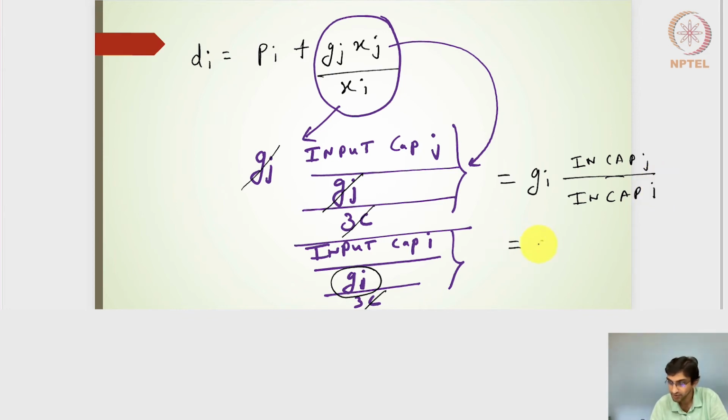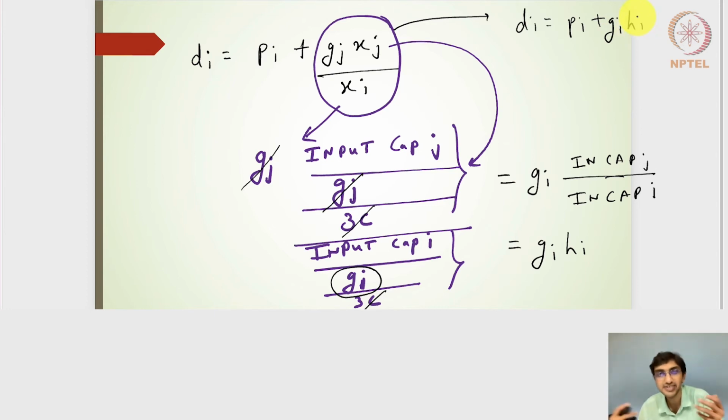So it turns out to be nothing but Gi Hi. So the delay di turns out to be nothing but pi plus gi hi. So it turns out to be the same as the linear delay model.